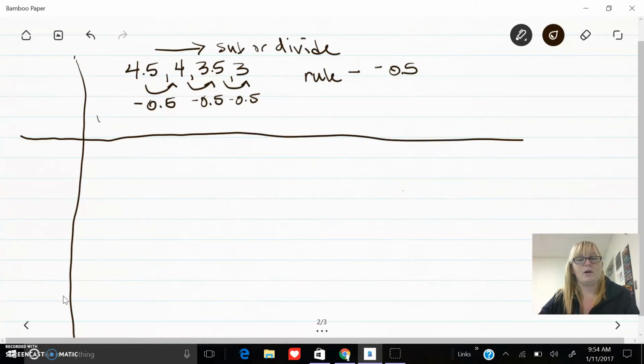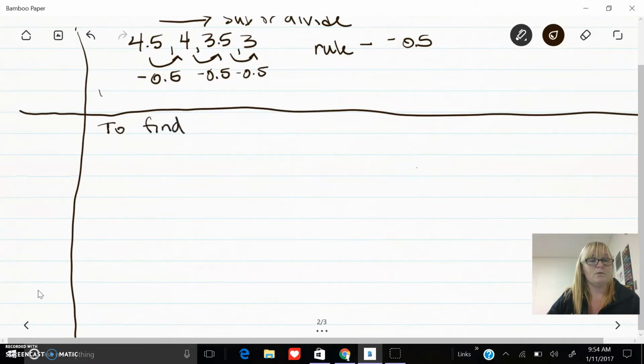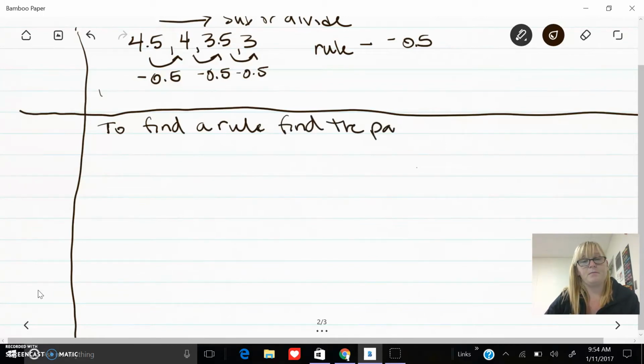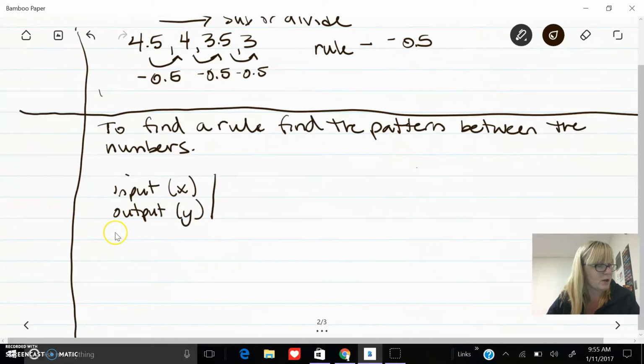Now let's look at how that looks in a table. All right, to find a rule, you got to find the pattern between the numbers. Okay, so let's say I have an input here, which is my x value, and my output, which is my y value, which you'll need because eventually we're going to graph them.